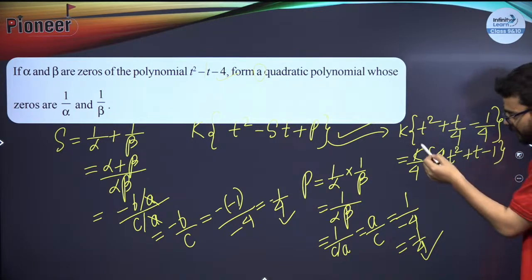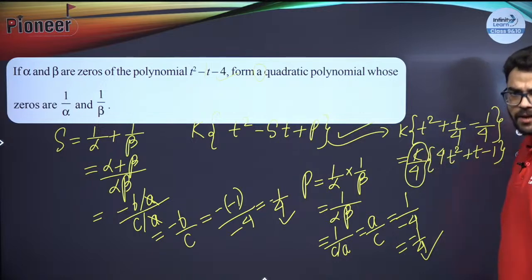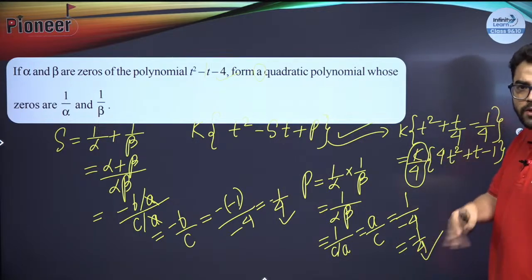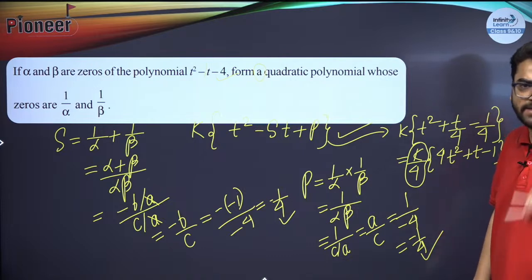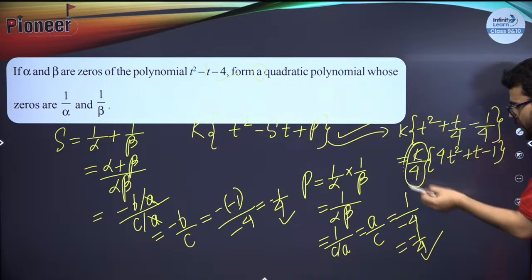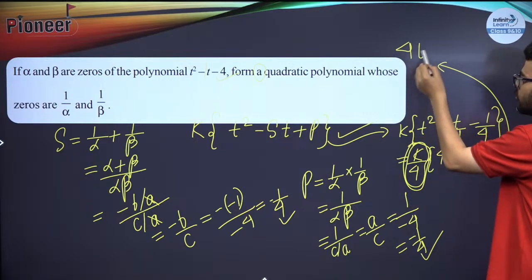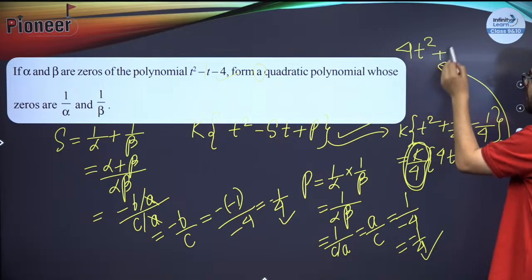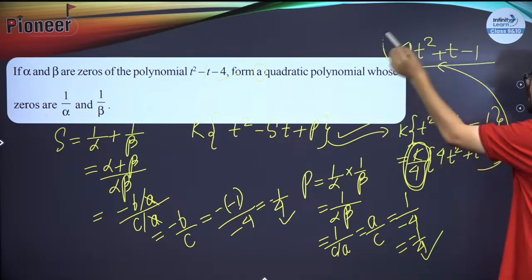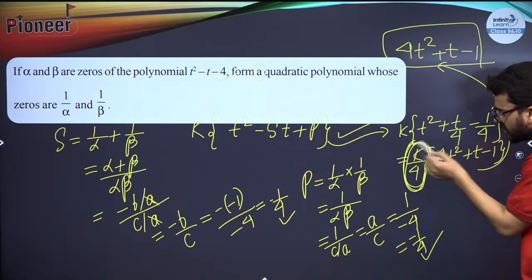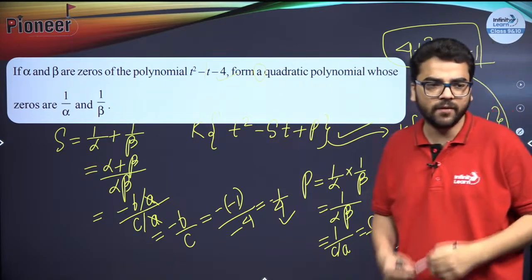So you can put k equal to 1, or k equal to 1, 2, 3, anything you want, because infinite such answers are possible. So if I'm putting k equal to 1, I will say that the polynomial whose zeros are reciprocals of the given polynomial's zeros is this. This is the answer if I put k equal to 1. I hope it is clear to every student in this session.